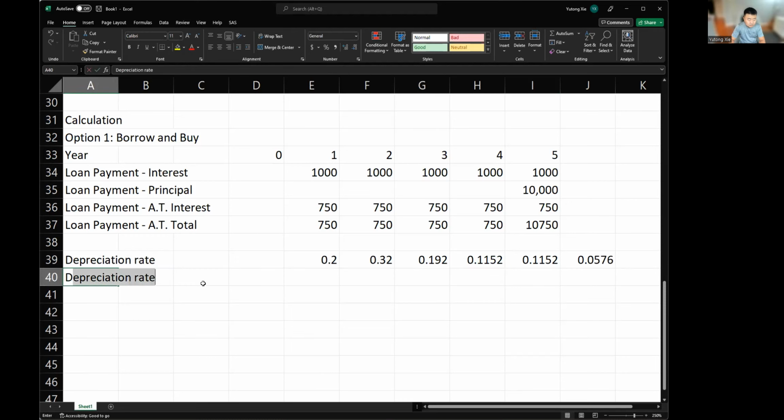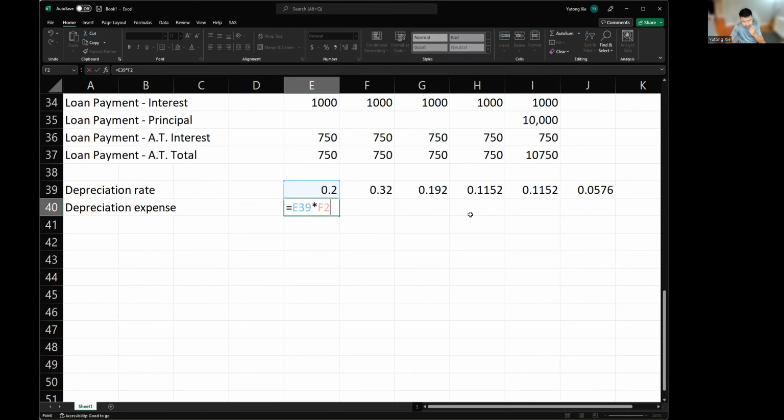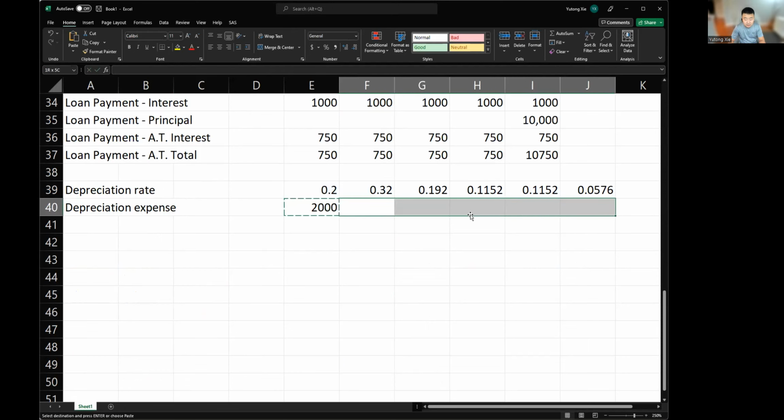Okay, so the depreciation expense will just be the depreciation rate multiplied with the cost of equipment, which is the original book value, and then I put dollar signs in front of it. So I got the depreciation expense.